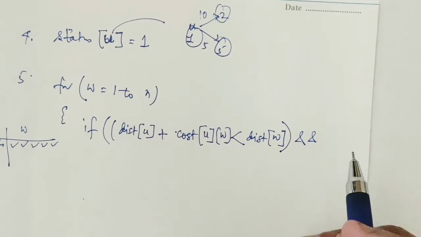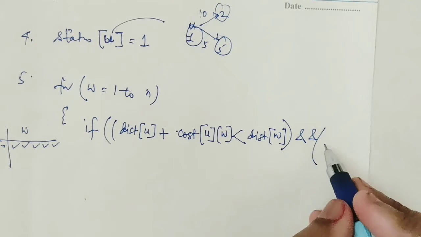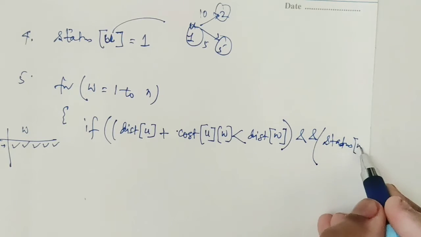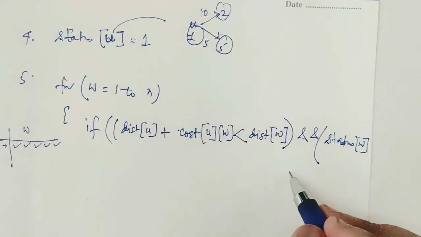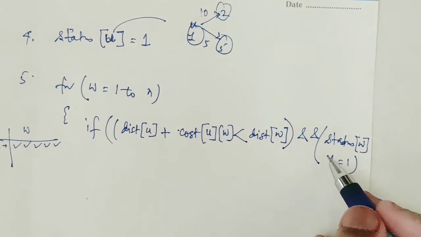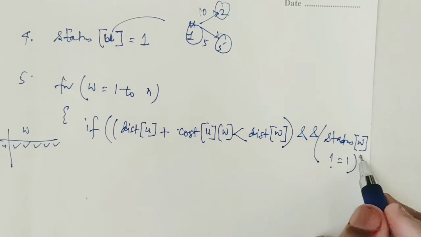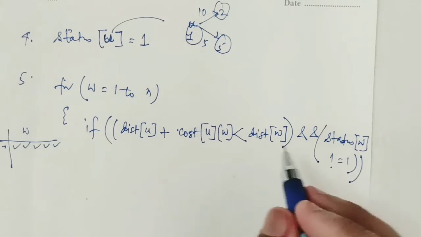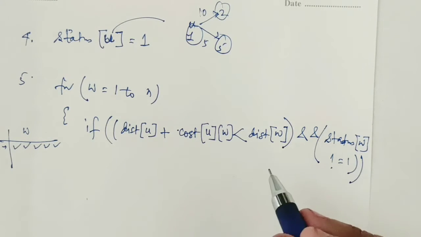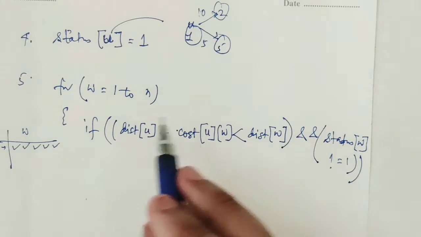So not only the formula of relaxation, but you also have to check the status array. Status of W not equal to 1, or anybody may write equals to 0. So if relaxation can be done and the status of W is 0, that is, should not be 1, whatever you say, then you can apply relaxation.